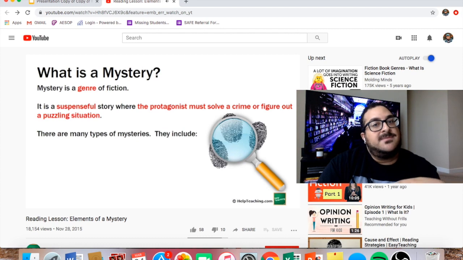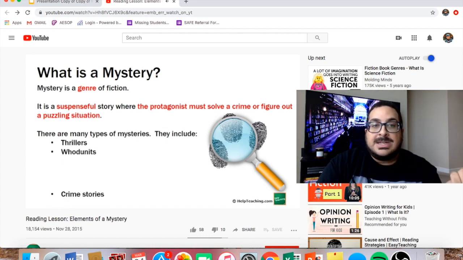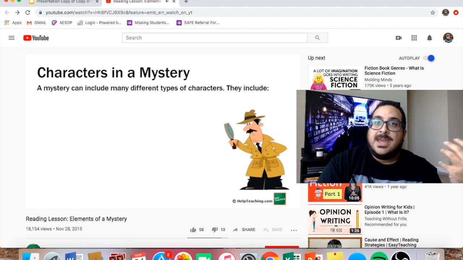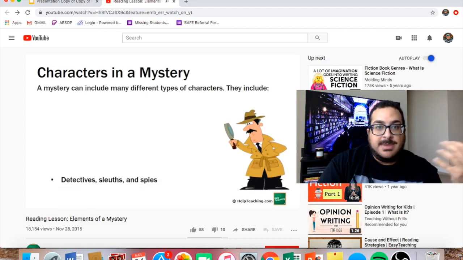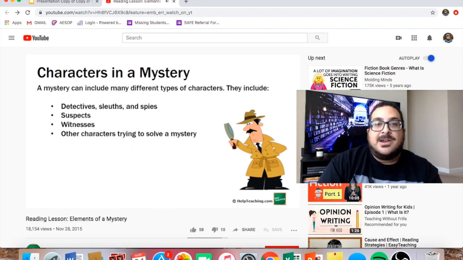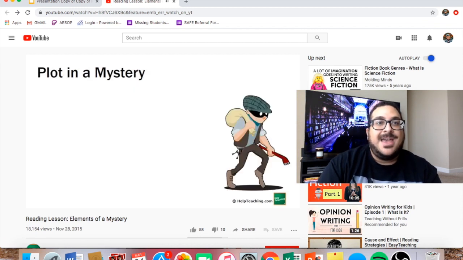There are many types of mysteries, and these can include thrillers, whodunits, crime stories, detective stories, etc. The characters in a mystery can include many different types of characters, including the detectives, the sleuths, spies, suspects, witnesses, and other characters that are also trying to solve a mystery. This could include law enforcement, ghosts, and also shady people as well.